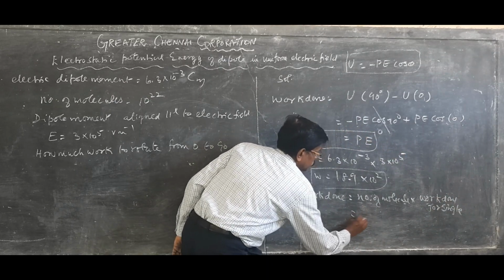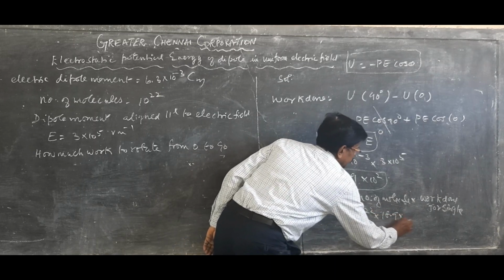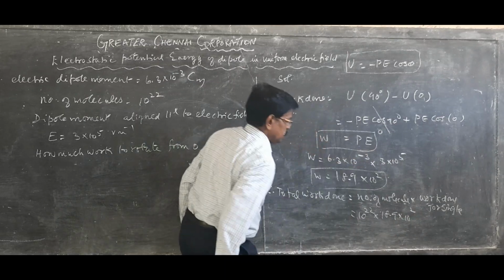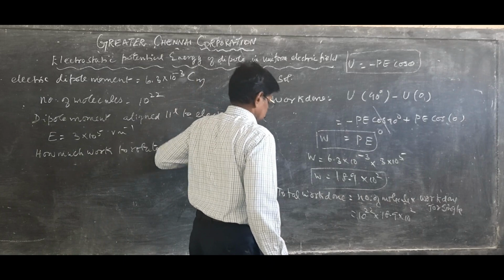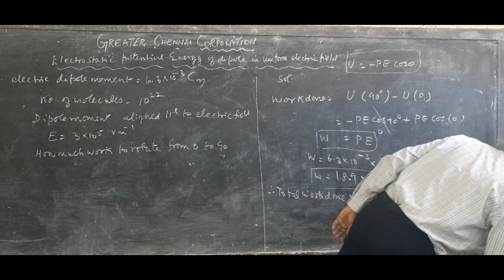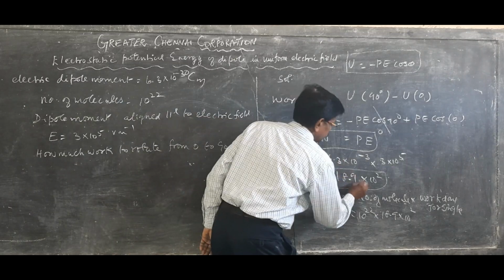So the answer is 10 power 22 into 18.9 into 10 power minus 25. Sorry, the dipole moment in the problem is given as 10 power minus 30.